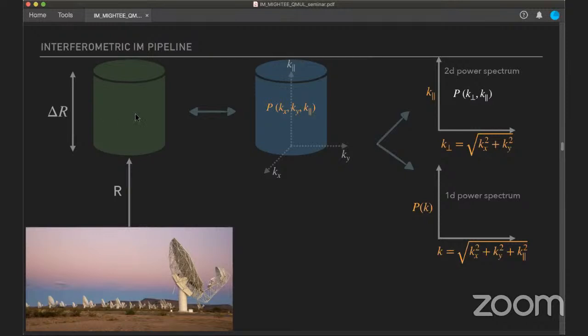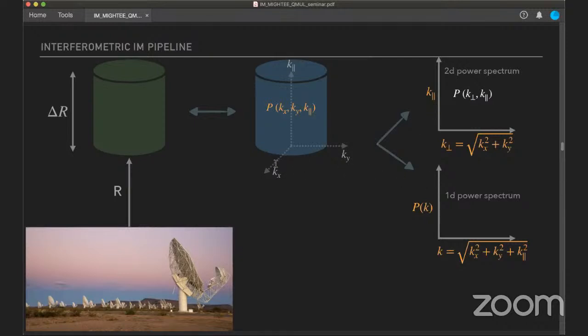That gives us a space filled in the domain kx, ky, and k parallel. kx and ky are on the plane of the sky, and k parallel is along the line of sight. From such a cylindrical power spectrum domain, we can calculate the 2D power spectrum or the 1D power spectrum.